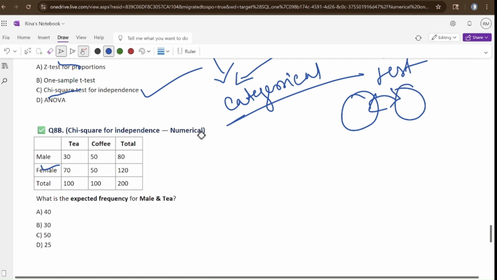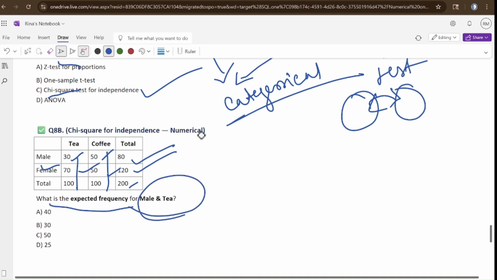See, male, tea prefer 30, coffee prefer 50, so total 80. Female 70, 50, total 120. Now 100 people prefer tea, 100 people prefer coffee, total 200. What is the expected frequency for male and tea? See, this is the formula.